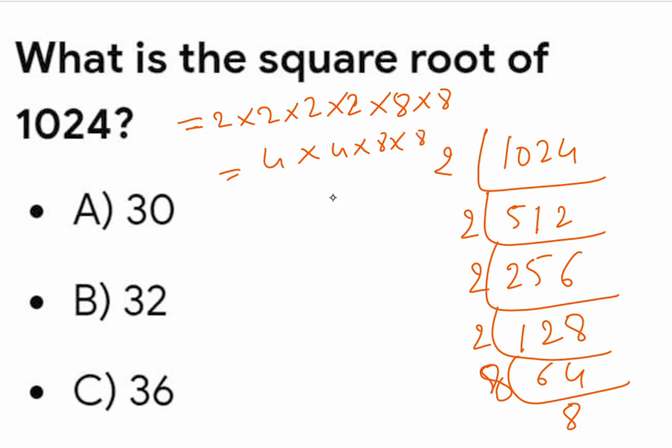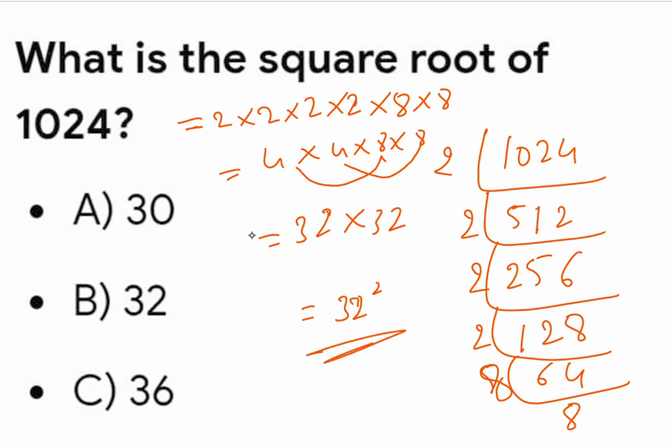When you find the square root, you should do the pairs: 8 into 4 and 4 into 8, so 8 fours are 32 into 32. You should form the doublets. Don't multiply directly, or you'll get the same number. So make the pairs and multiply 8 4s are 32 into 32. You'll get 32 square. So 1024 can be written as 32 square.